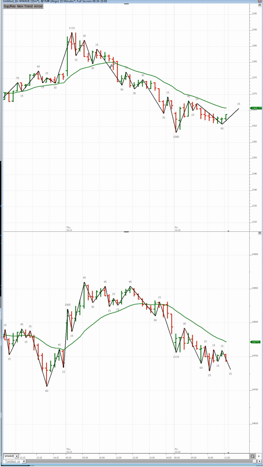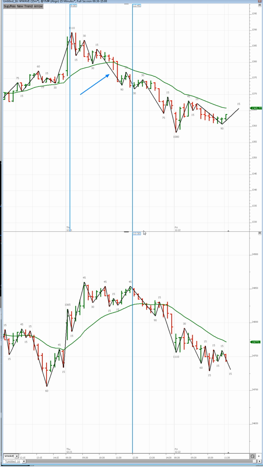So this I think was the key indication. See that? While this was making a lower high, while this was here, the Wyckoff wave broke down.